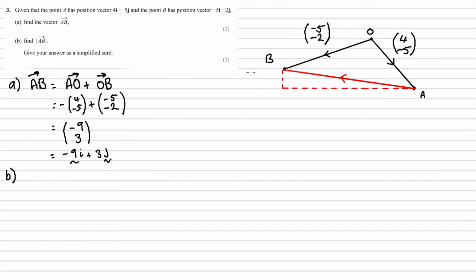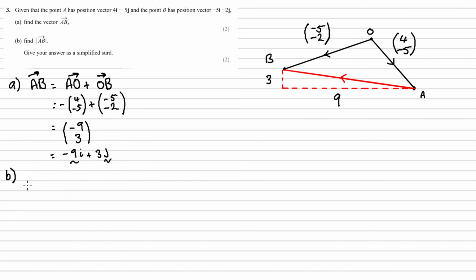To find the length, we can split this vector up into its constituent components, i and j, and we know the i component is 9 and the j component is 3. Here we're just talking about the magnitude of each of these components, and now we can simply do Pythagoras, because we have a right angle triangle, to find the hypotenuse.